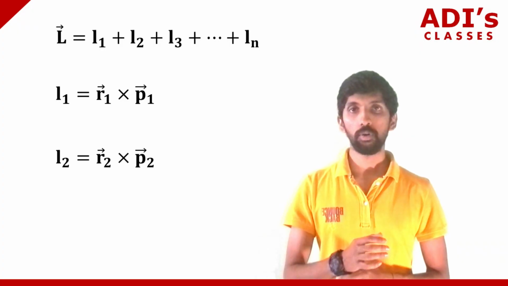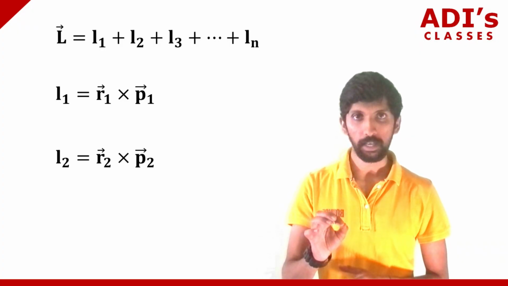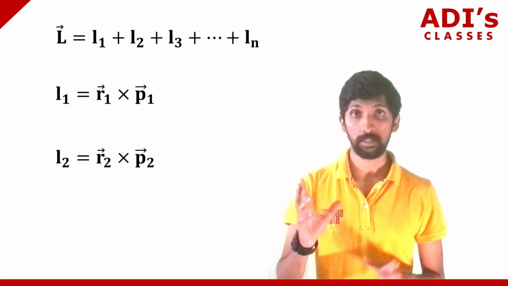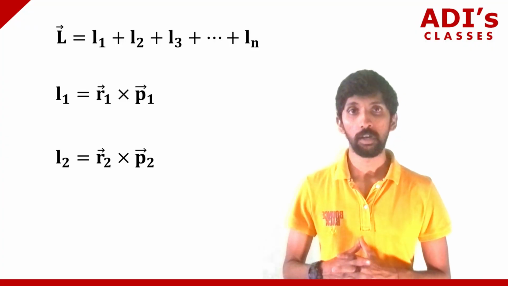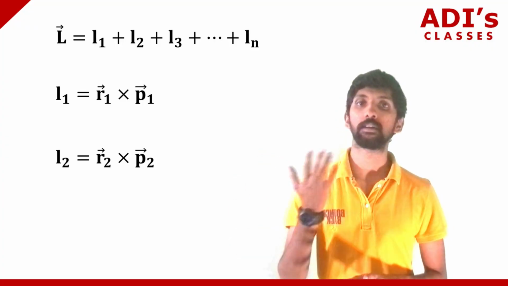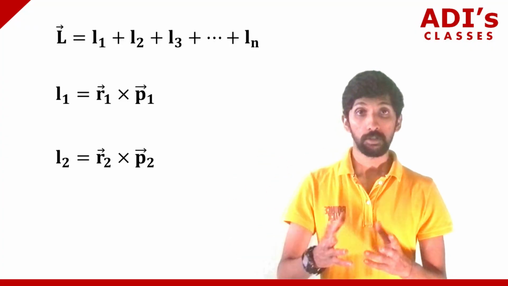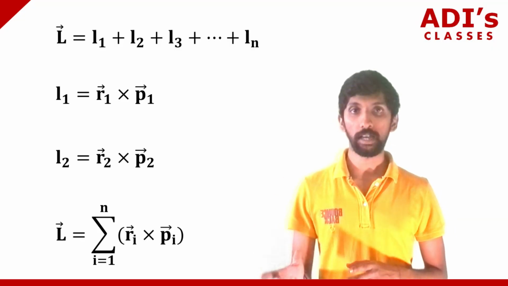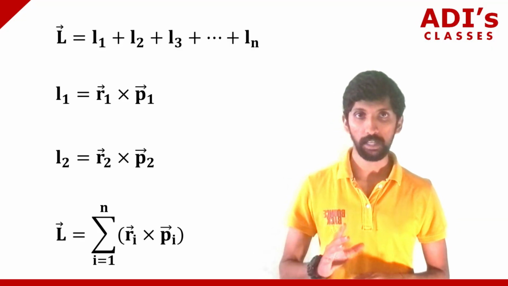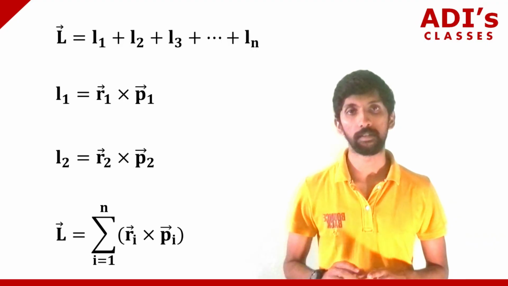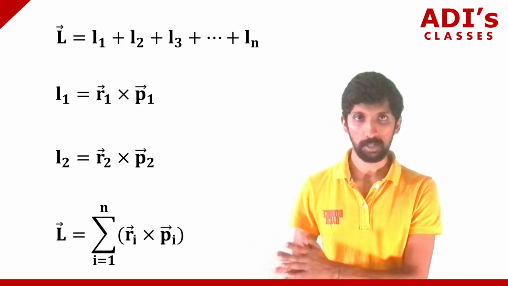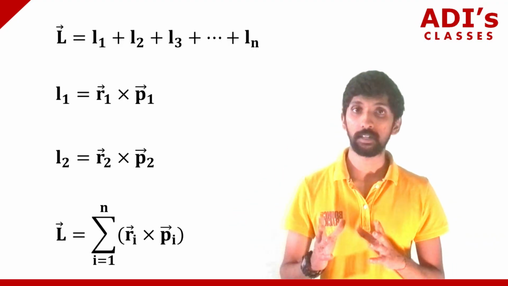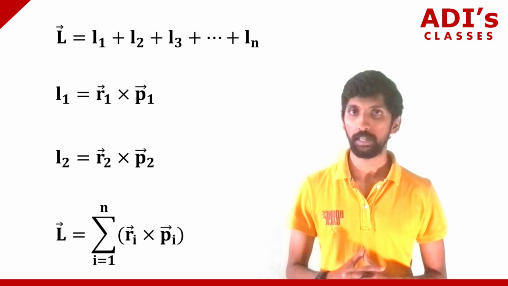So technically, the net angular momentum will be the sum of all these cross products. We can write L is equal to sigma Ri cross Pi, i is equal to 1 to n, where it ranges from the first particle to the nth particle in the particular medium.